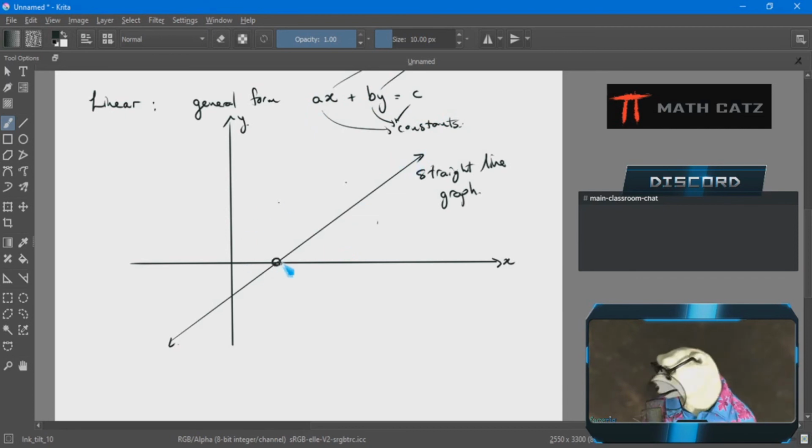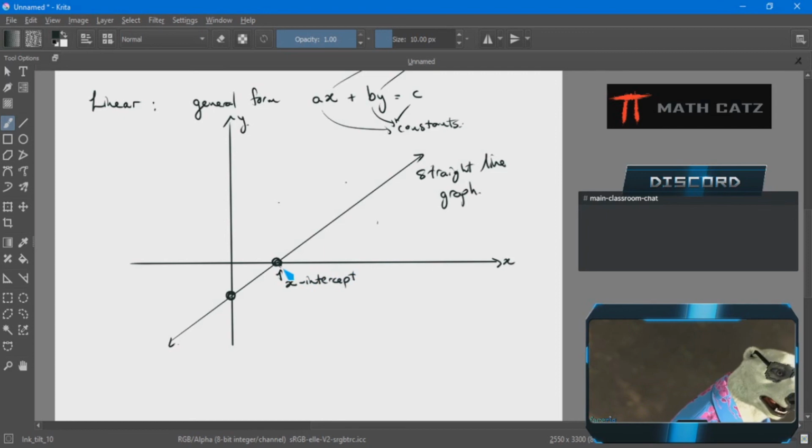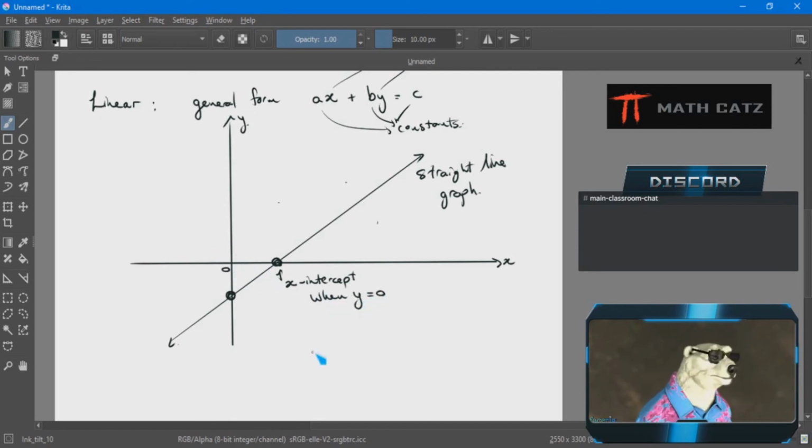We have two important points. The x-intercept, where the straight line graph intersects the x-axis, is when the corresponding y-coordinate is 0, and we have our y-intercept, and that is when the x-coordinate of the point is 0.